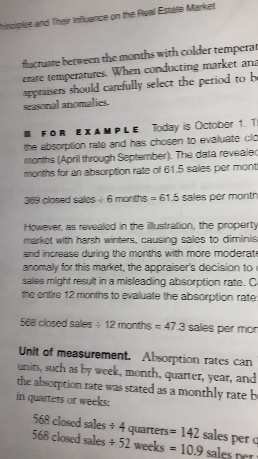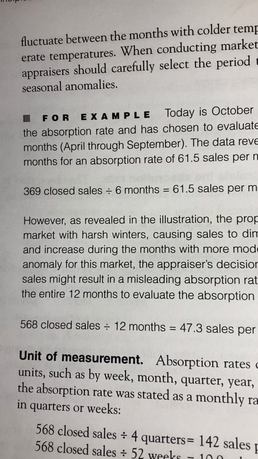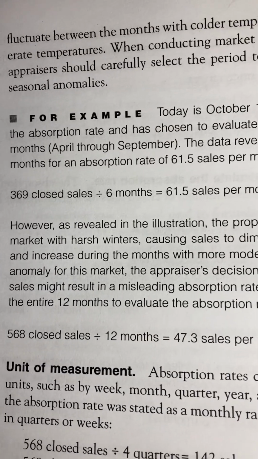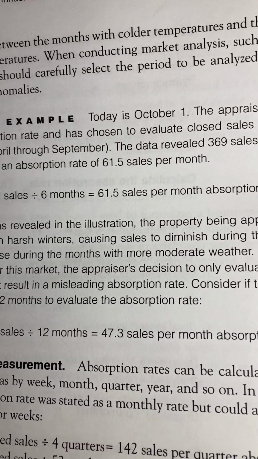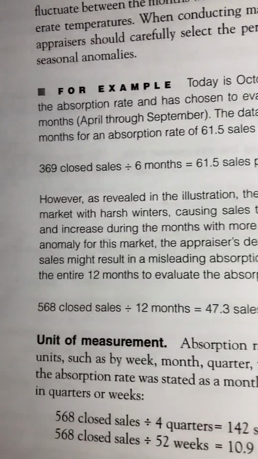Here's the formula. You take the 369 closed sales, you divide it by the 6 months, that equals your 61.5 sales per month absorption rate.